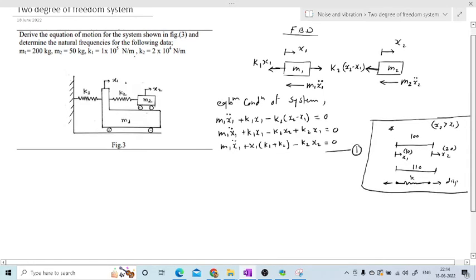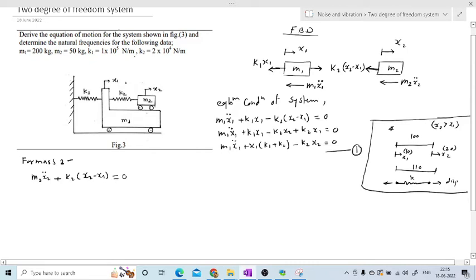Similarly, we can write the differential equation for mass 2. So for the second mass, just see the forces: m2 x2 double dot, which is on the left side, then the spring force on the same side, plus k2 (x2 minus x1), and there is no force on the right side, so this must be equal to 0.